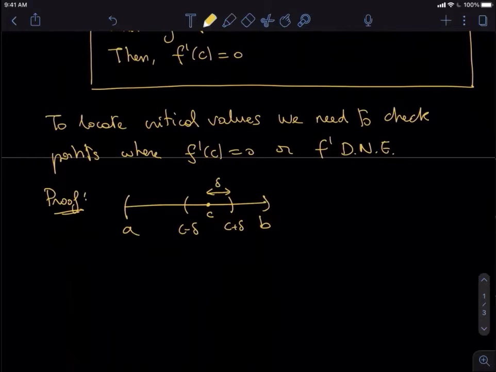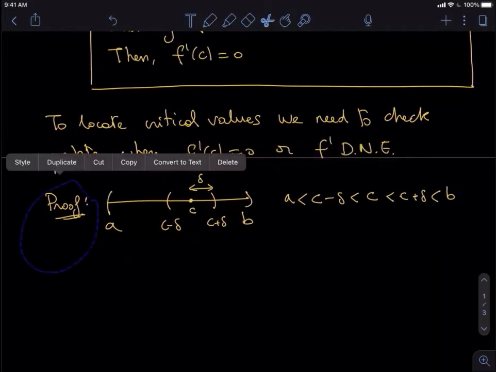If you want to be more formal, what I'm saying is that we need to be able to put c minus delta in between c and a, and c plus delta in between c and b. It's the same thing.